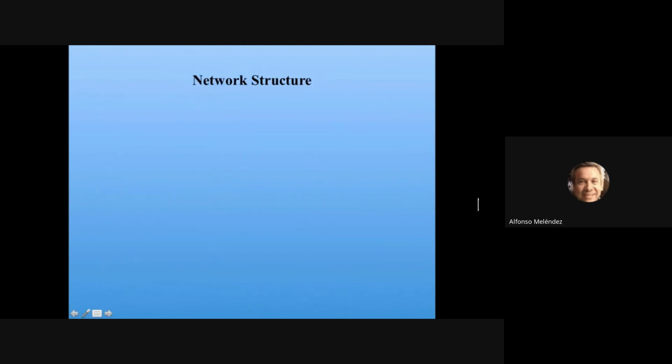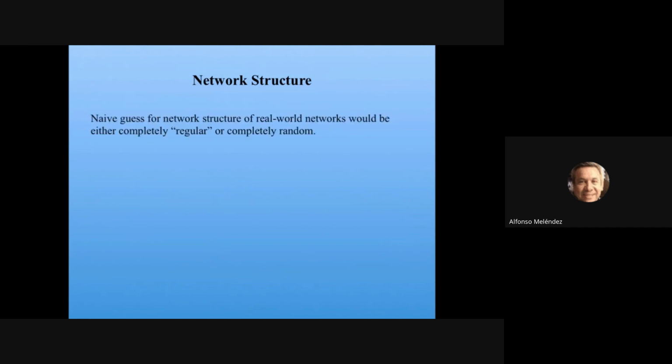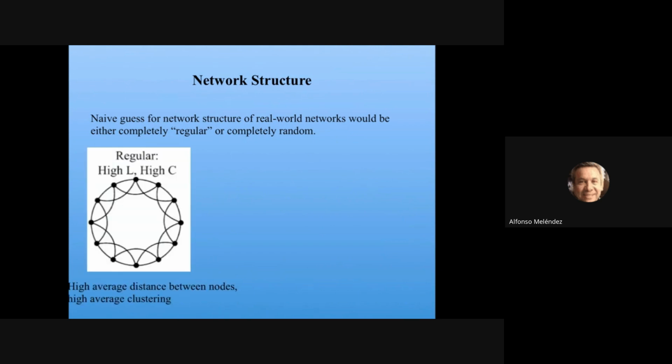Well, what Watts and Strogatz found was they had this common structure that they called the small world property. To explain that, let's look at a naive guess for what the network structure of real-world networks might be. One guess is that they would be very regular.